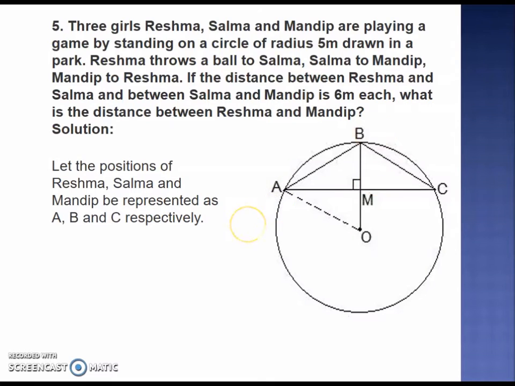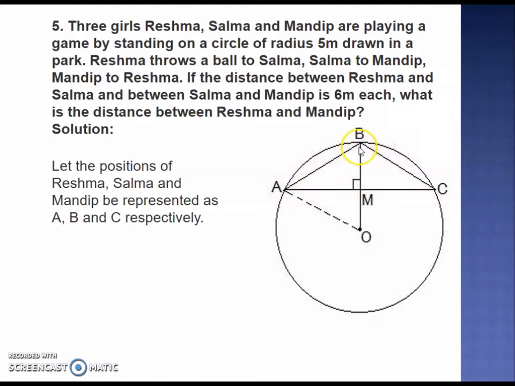So this is 6 meter between Reshma and Salma and between Salma and Mandeep. This distance is equal, that is 6 meter each. So we will take the positions of Reshma, Salma and Mandeep as A, B and C respectively. So this is where they are standing, which are represented by points A, B and C on the circle.